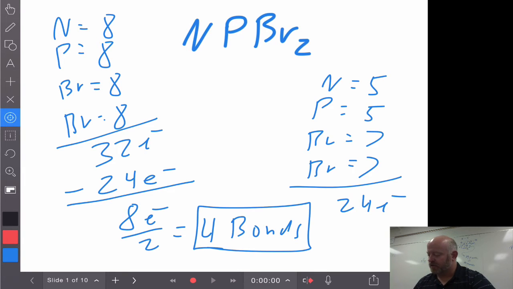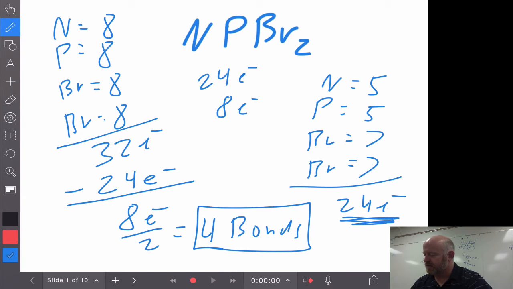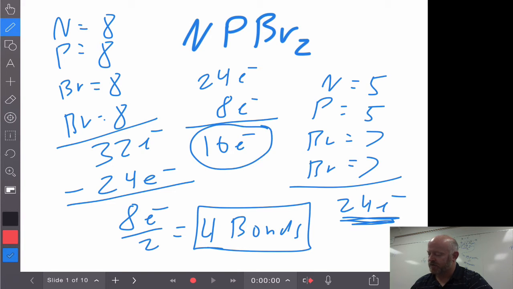Okay, so now that we know we need to have 4 bonds, let's see how many other electrons would be there. So if I have 24 electrons, and I use 8 of those electrons in the bonds, if I take 24 minus 8, that gives me 16, which means I have 16 more electrons that need to be put on this molecule.